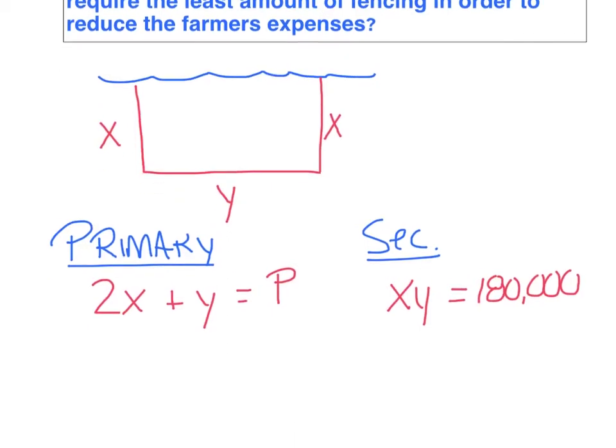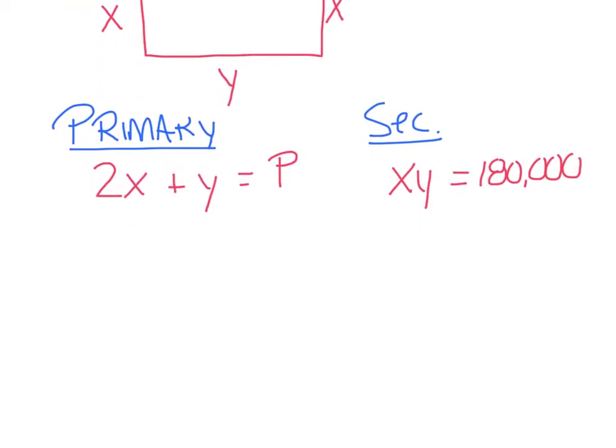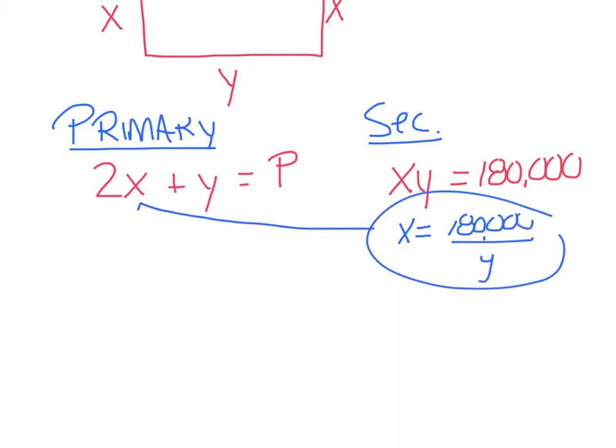So you'll notice my primary at the moment has 2 variables in it. I need to get it in terms of 1. In this case, if I go back to my secondary, does it actually matter who's easier to solve for, x or y? Either way, I have to divide and get a fraction. I guess you could make the case either one would be easier to solve for. I'm going to solve for x, and I'm going to say this is 180,000 over y, and I'm going to substitute that into my primary.